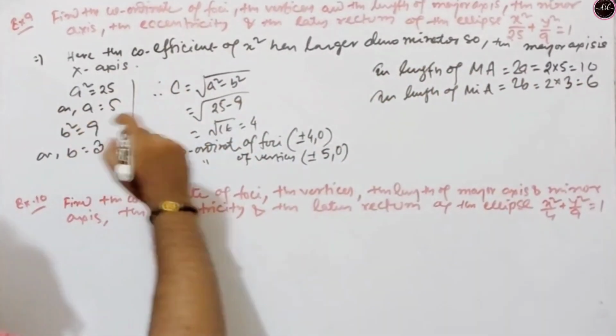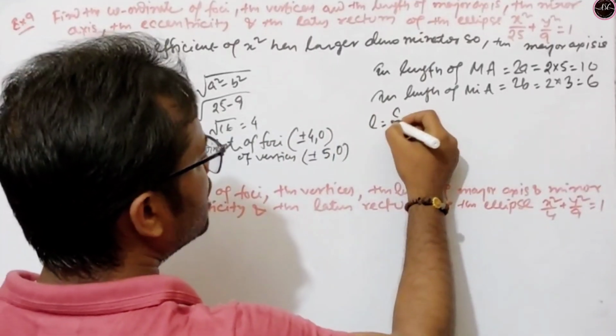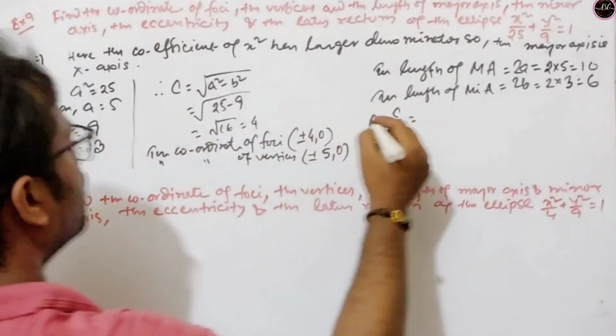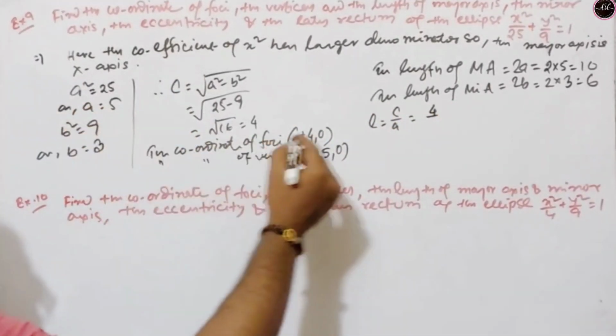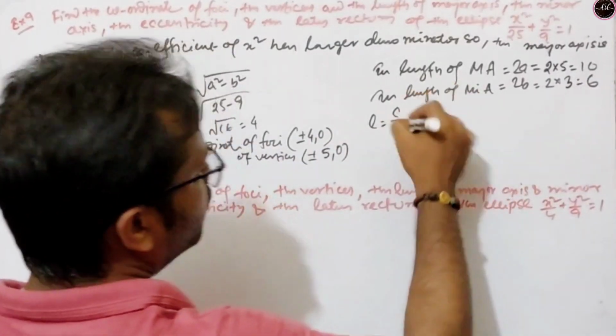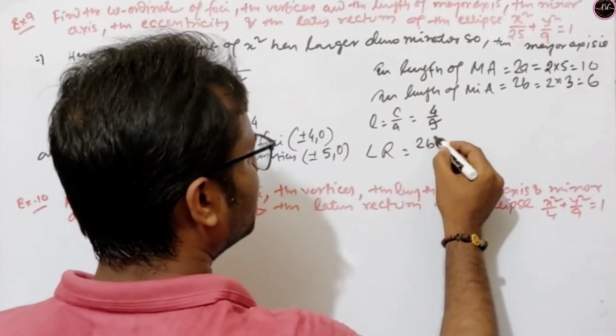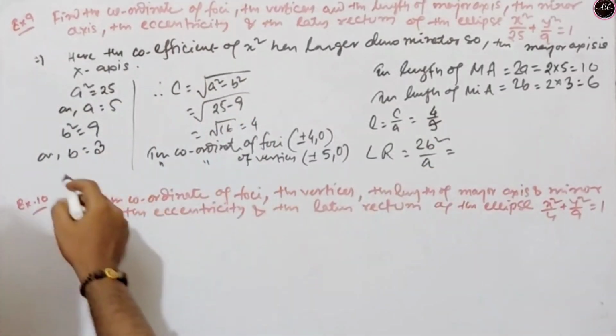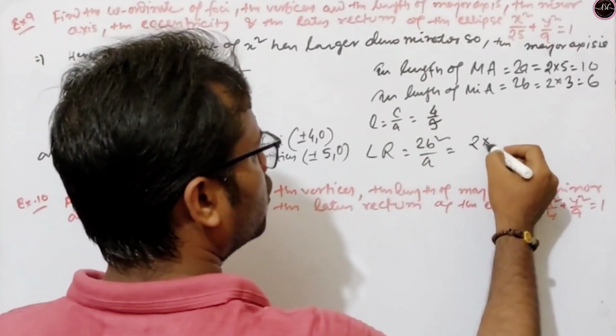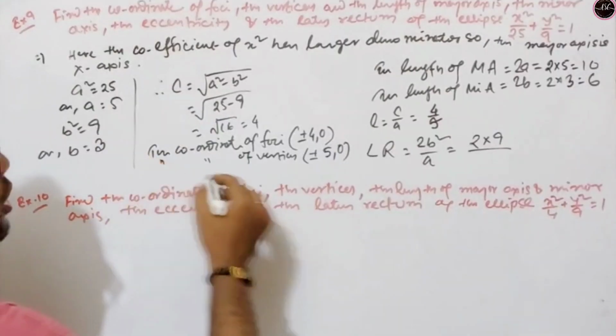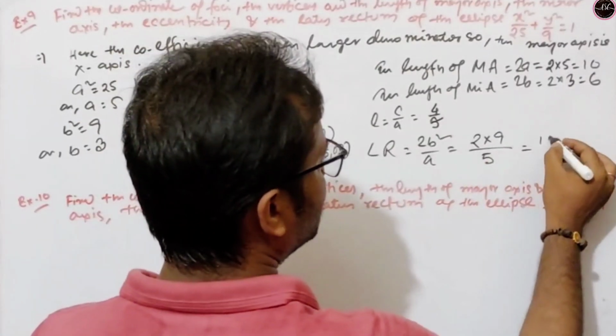And eccentricity, that means e equal to c by a, here c equal to 4 and a equal to 5, so the eccentricity is 4 by 5. And the latus rectum is equal to 2b square by a, so just put the values: 2 into 9, as b square equal to 9, and a equal to 5, that means 18 by 5.